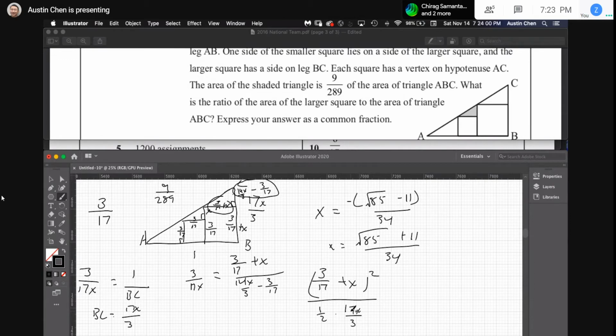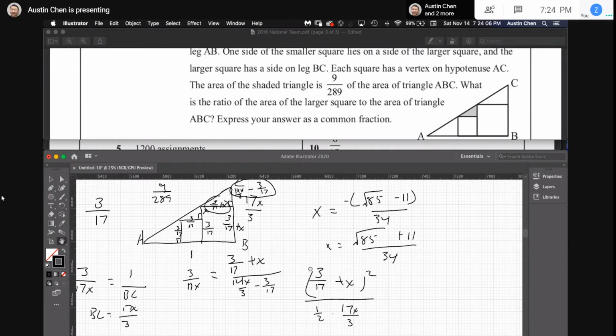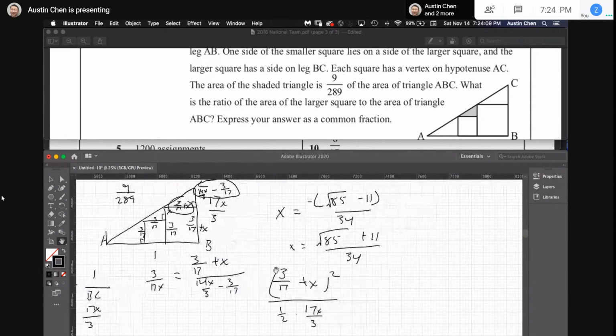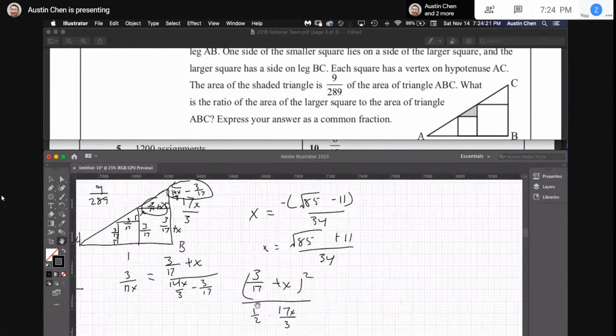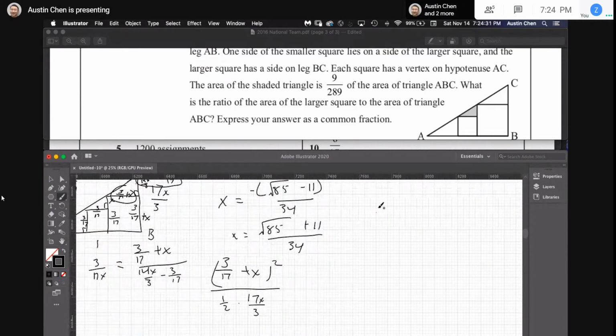I just plugged both this value of x and this value of x into this equation, and they were both equal to 6/17.